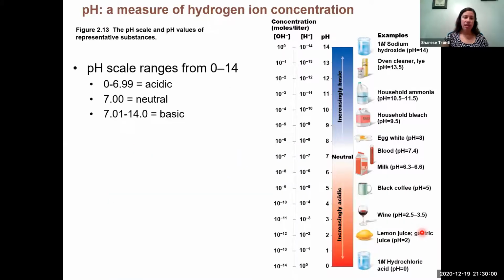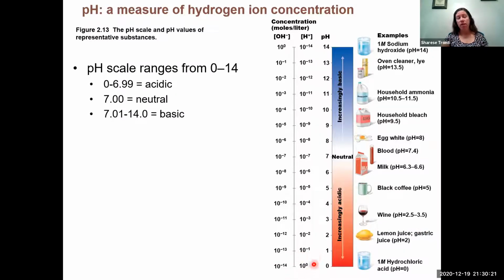Acids and bases are measured through pH, and pH is the measure of the hydrogen ion concentration. As we mentioned, an acid is going to release a lot of hydrogen ions. So this is going to be down here.